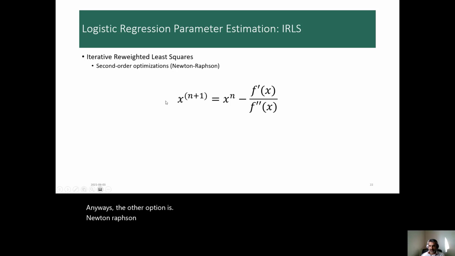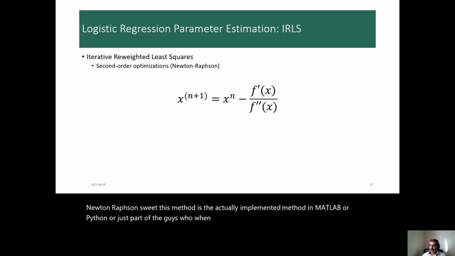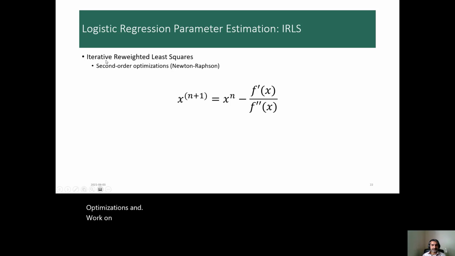This is the method actually implemented in MATLAB or Python or Spark, when you need performance optimizations and work on large data sets. So IRLS is the solution most commonly implemented in libraries.